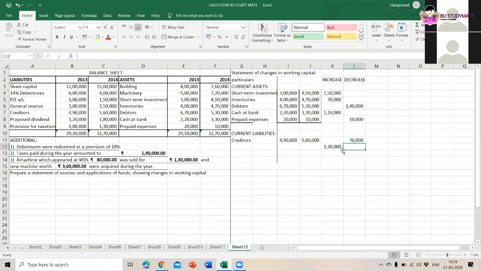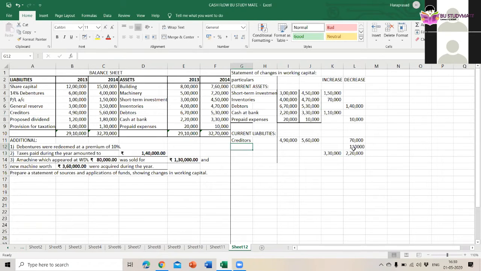So we know that we are less with how much amount? Yeah, here in the balance sheet, they have clearly shown that short-term investment is a current asset. So how much here we have to write down? 3,30,000 minus 2,20,000. So we get 1,10,000 as net increase in the working capital.